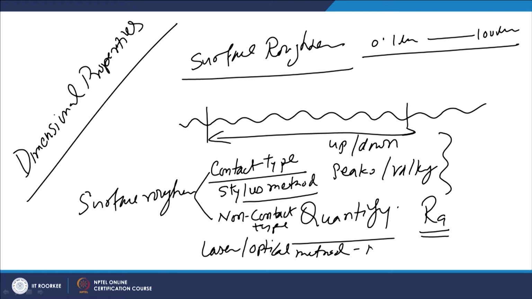In this case, just like the category reflects, there is no contact between the measuring instrument and the surface of the component whose roughness is to be measured. So, we will see what these methods are and how these methods work.